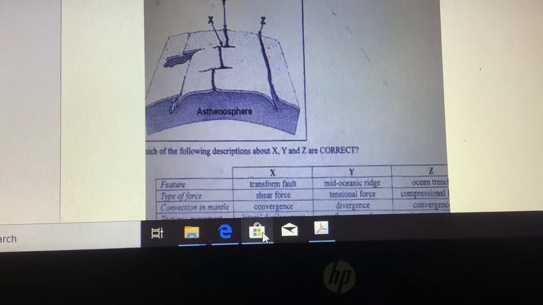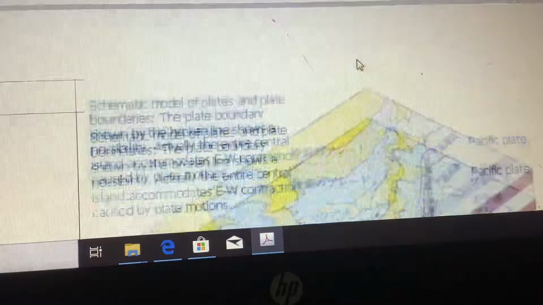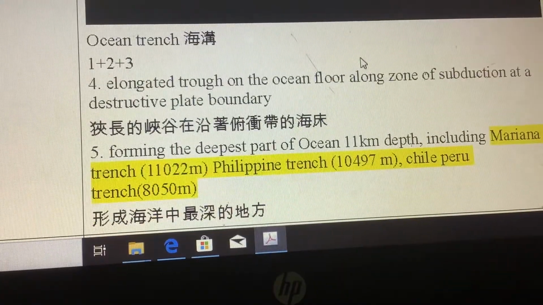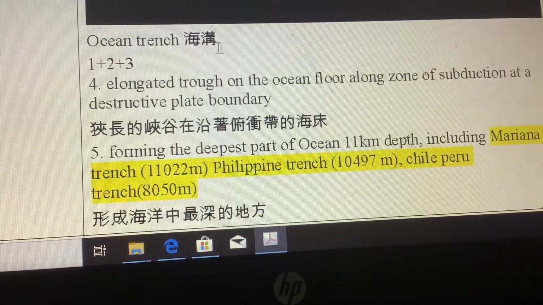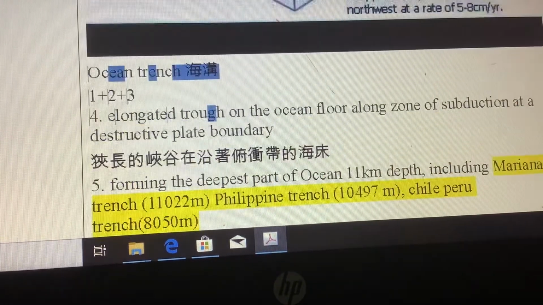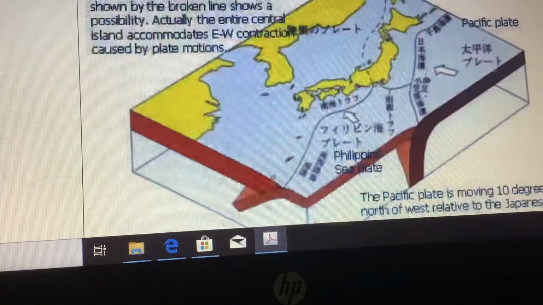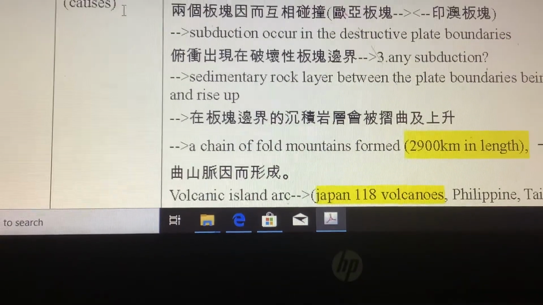What is this? I want to shift to the summary, which is your page 2, isn't it? Page 2, page 3, sorry, page 3 of your summary. Ocean trench. This one is ocean trench, which is similar to Z. Okay, ocean trench, where is the distribution of the ocean trench?